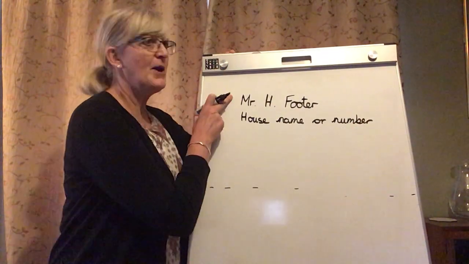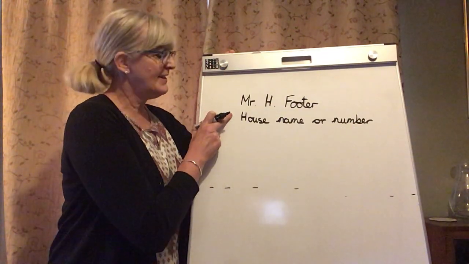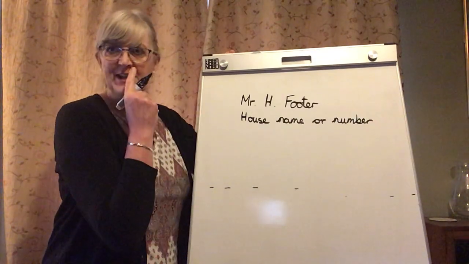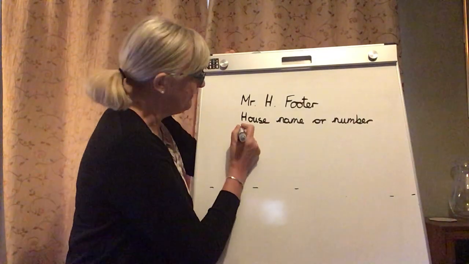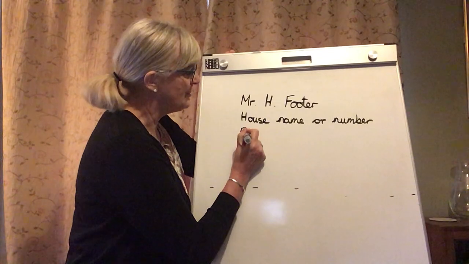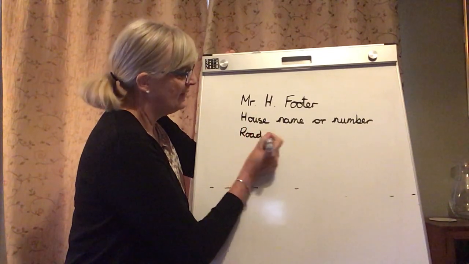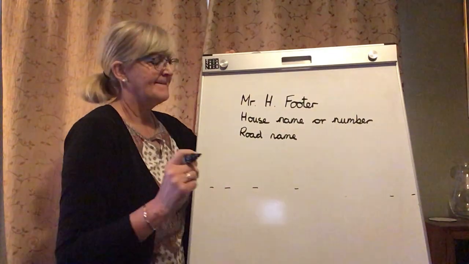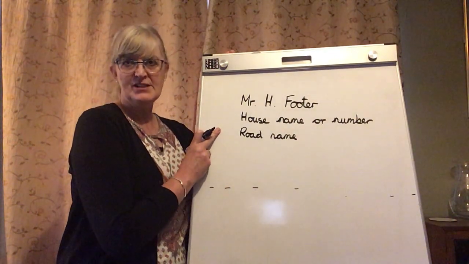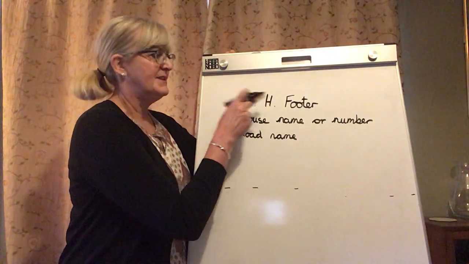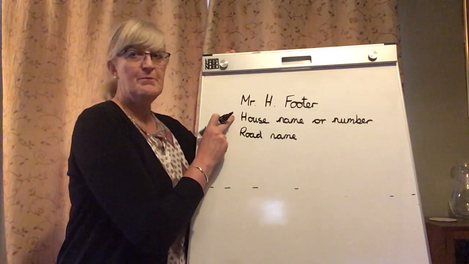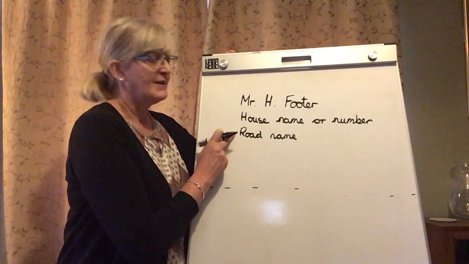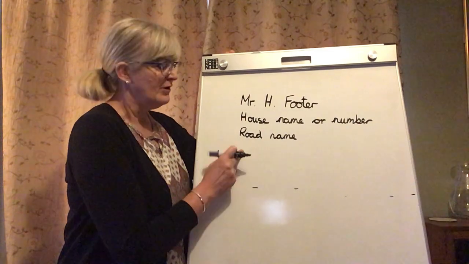So we've got the person, we've got the house that they live in. Now we need to know which road they're in. So the road name. So if we were writing to the school, we would write Mr. H. Footer, Billingshurst Infant School, Station Road.